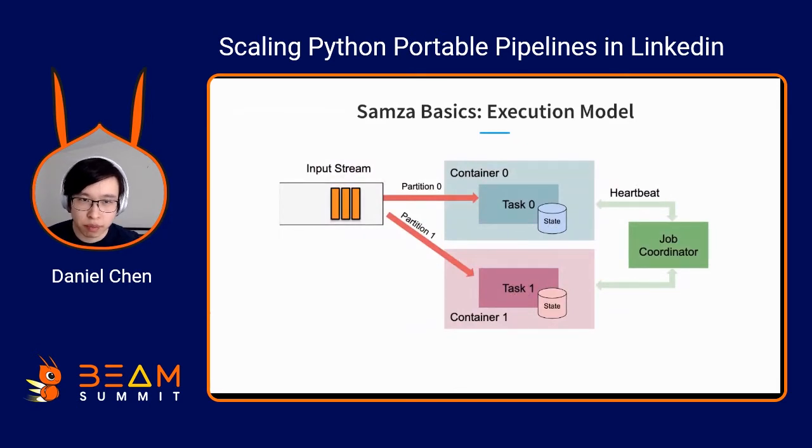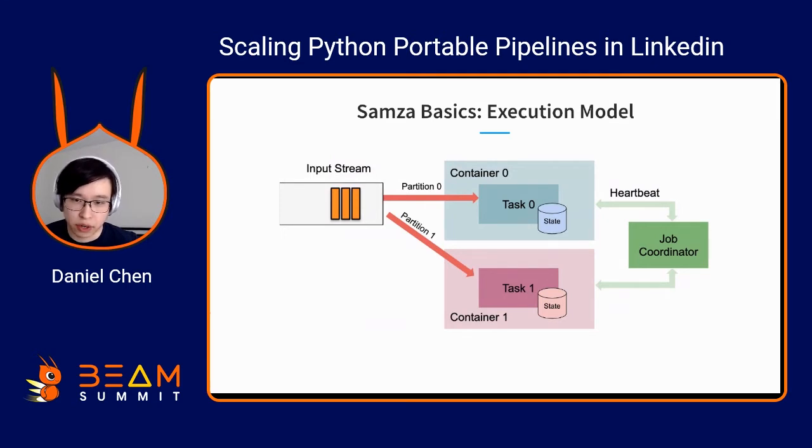So to give a very basic high-level overview, Samza at its core is a stream processing framework. It is horizontally scalable, so a Samza job contains one or multiple containers, and these containers can have one or multiple tasks, each processing exactly one partition.